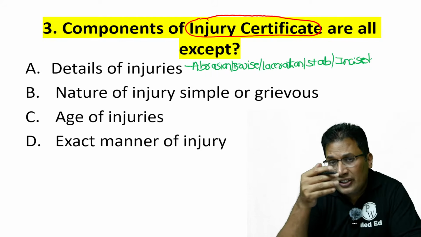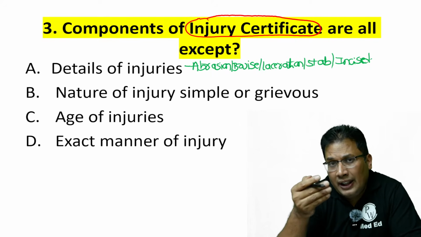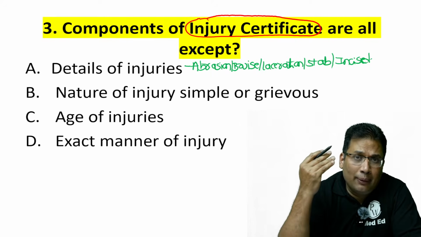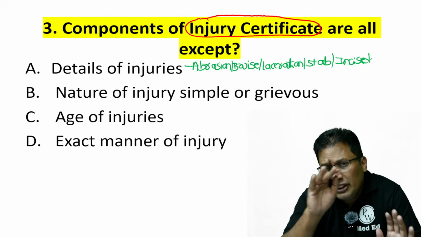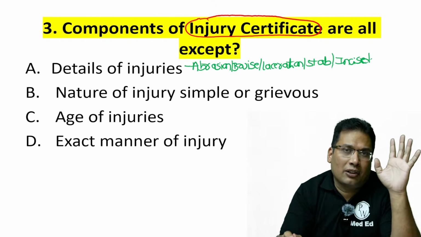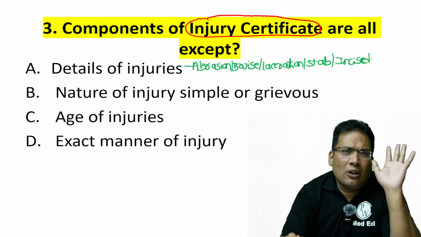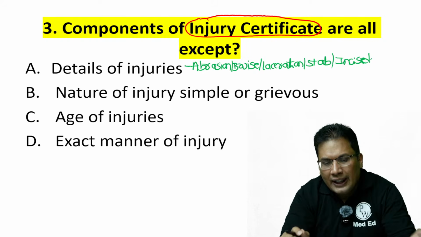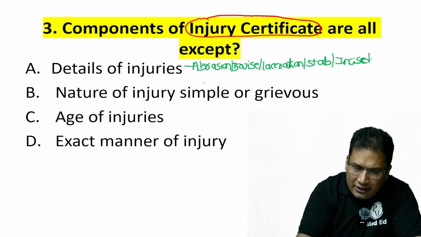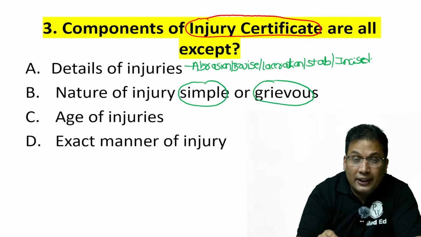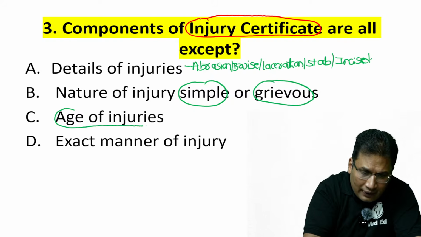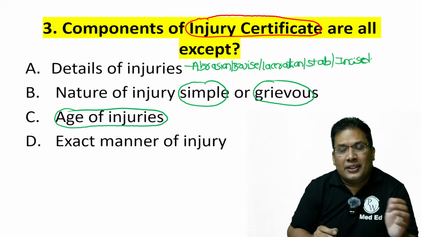In stab wound and incised wound, whether it is skin deep, muscle deep, or bone deep. So details of injury is known as the body of the injury certificate. Another important component is the nature of injury, simple or grievous. Yes, this is also a component. Age of injury? Yes, depending upon the color changes.